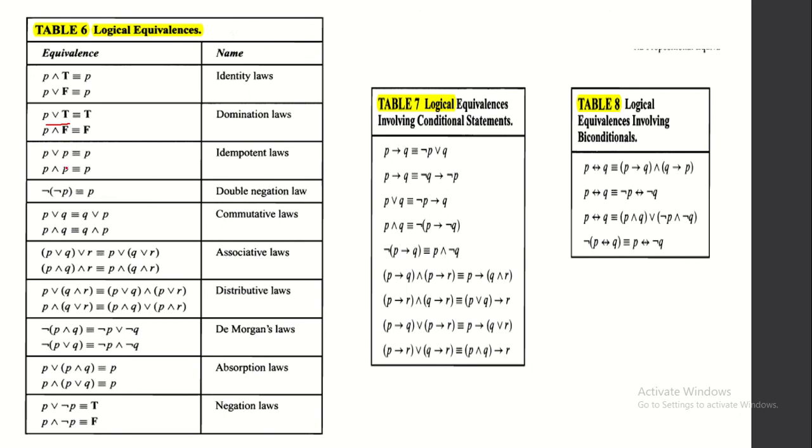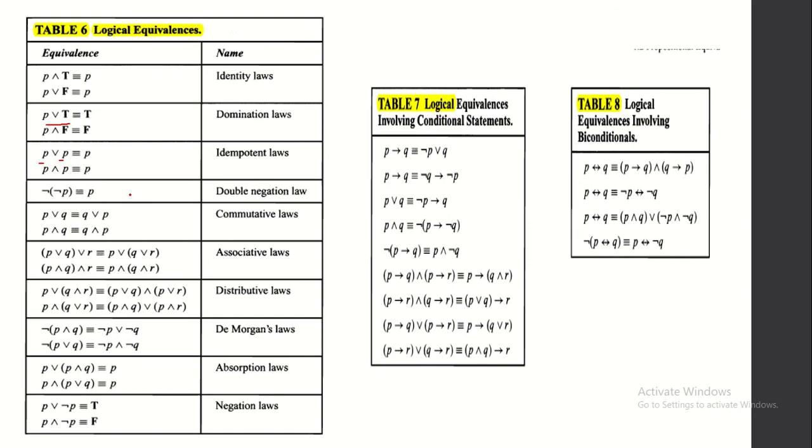Then the idempotent law is P or P is equivalent to P, and P and P is equivalent to P. Why is it idempotent? Because both of the propositions are P.